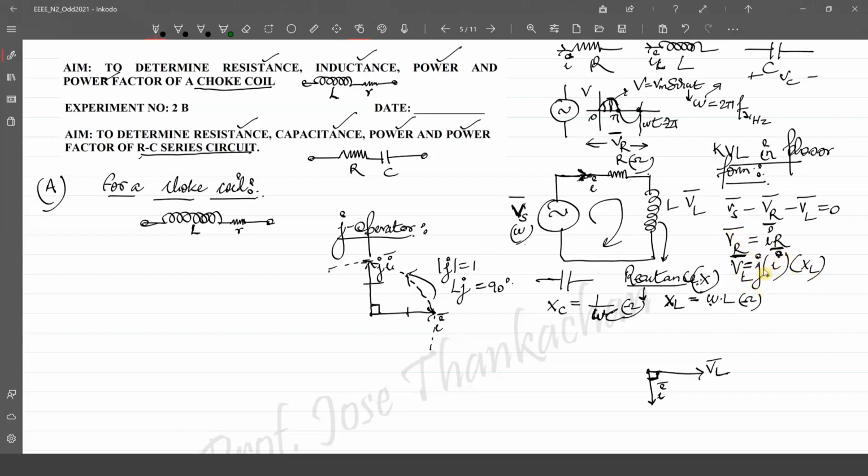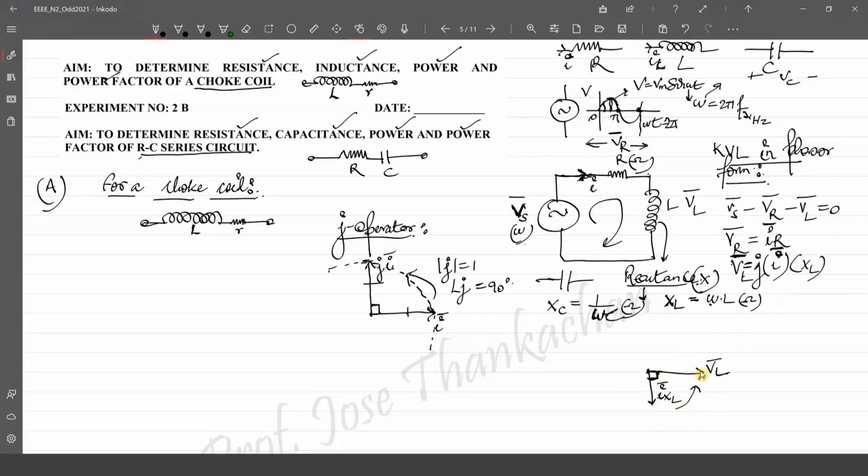I into XL will be in the same direction as that of the I phasor. And I'm multiplying it with the J operator. What will it do? It will rotate my phasor I into XL in the counterclockwise direction by 90 degrees, isn't it?